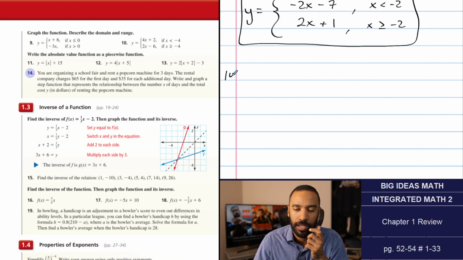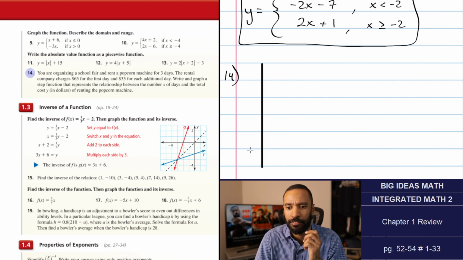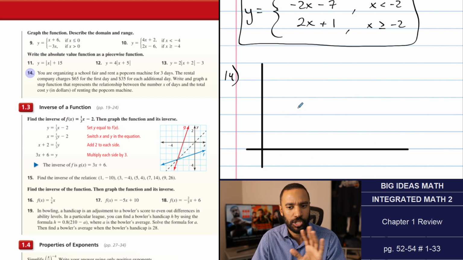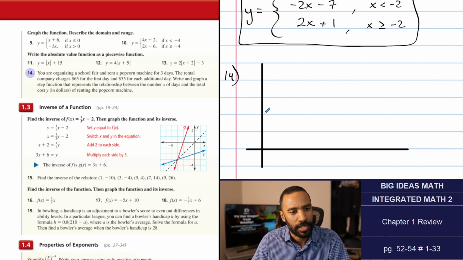So for 14, let's kind of draw the graph first and see how the equations work as a result, or the other. Either way is fine here if I describe it one way or the other, but it's very much a first quadrant graph, and it's just going to be a rough sketch. So $65 for the first day, rent a popcorn machine. I guess if you don't rent it at all, that's at x equals 0.